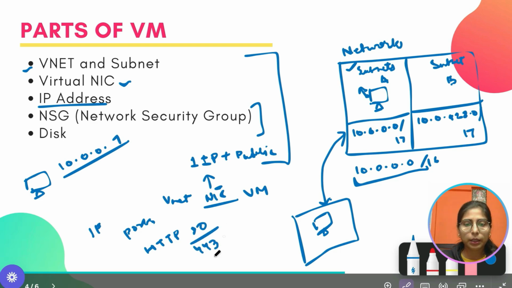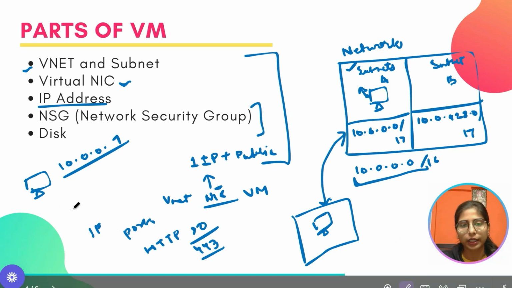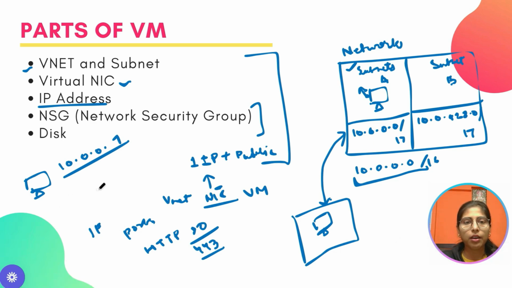So these are the ports. On the basis of ports and IP address, you can define some firewall which will block the traffic at subnet level or NIC level, right? So this is kind of a virtual firewall through which you can manage your inbound traffic and outbound traffic. Inbound traffic is anything that is coming to your virtual machine, right?